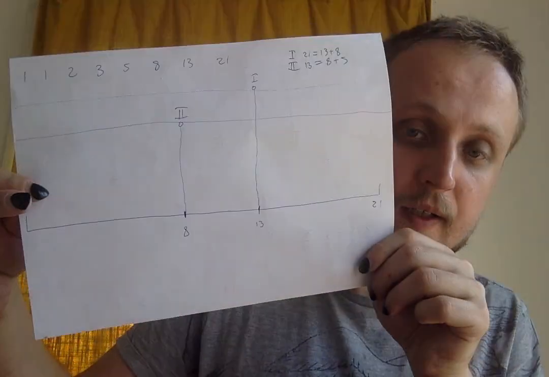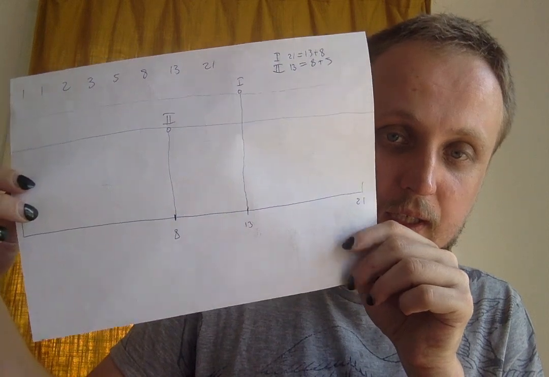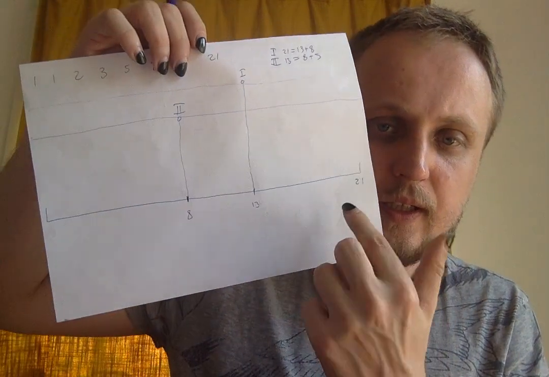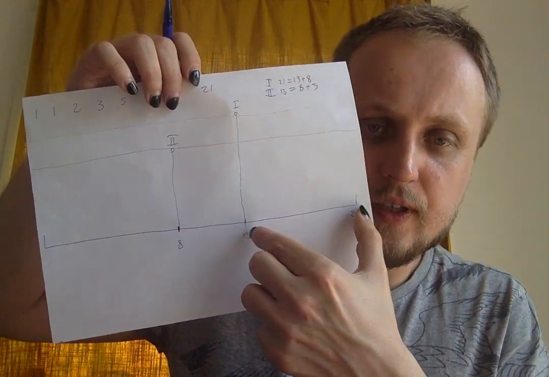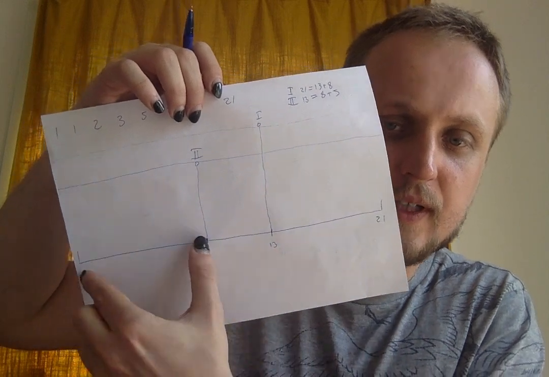So I take my unit of 13 and divide it into 8 plus 5. And what you will notice is that this is 8 units long, this is 5 units long, and this is 8 units long.